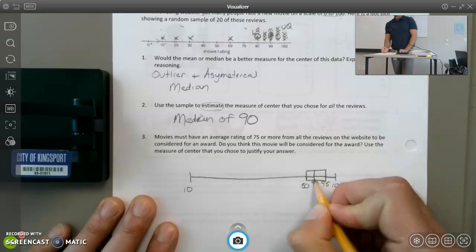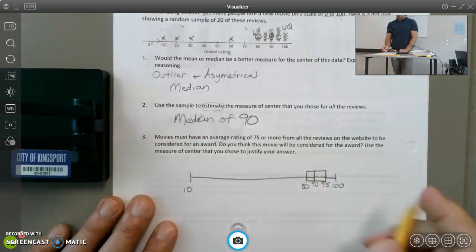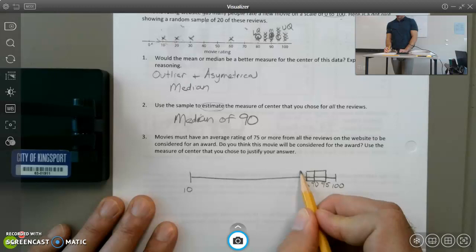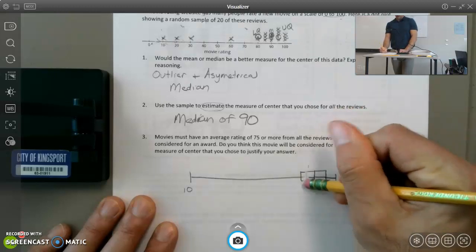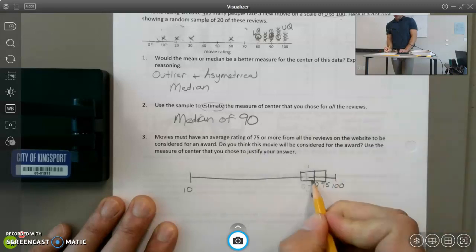That's how the box and whisker plot would look. I guess this should probably be double the length here. 80 to 90 should be bigger than 90 to 95. So let's just draw it to scale. 80 to 90 would look like this.